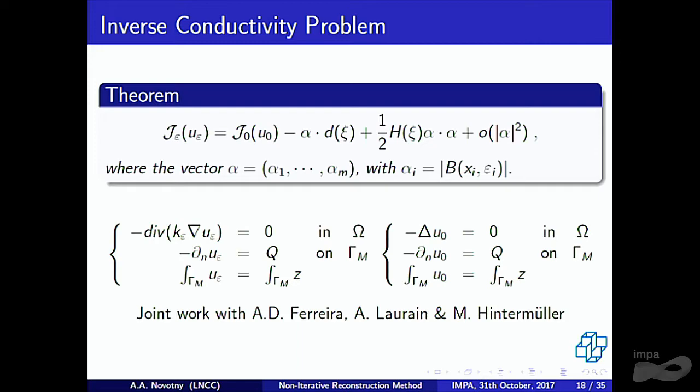So U epsilon is the solution to this perturbed problem. And then U0 is the solution to the unperturbed problem for small omega equal to empty. So we get this Laplacian equation in this case. Okay. So some terms require explanation.